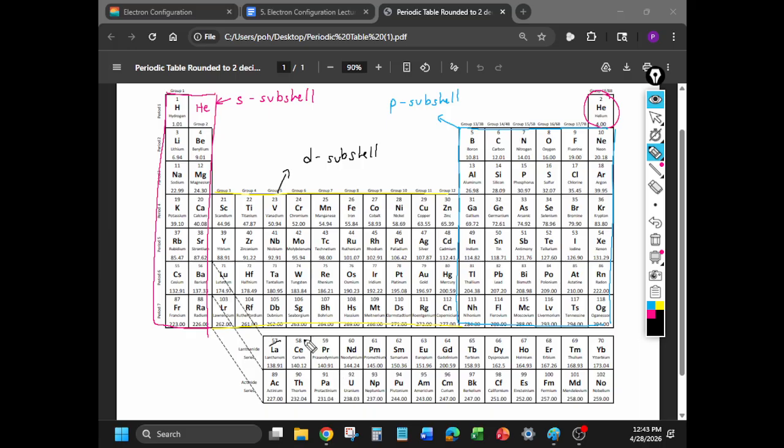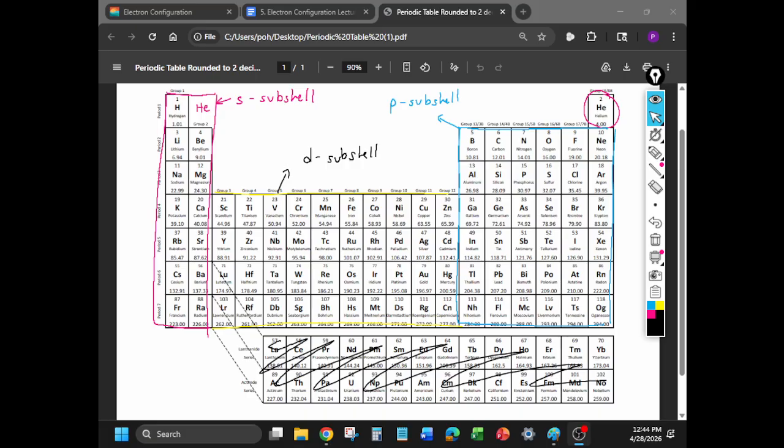You can ignore the ones here at the bottom. If you want to know, this is the F subshell, but we're not going to be looking at it at all. So all you need to know for your exam: the first 2 columns and helium are the S subshell, this middle section is the D subshell, and the P subshell is this right section. Pretty easy rectangles to remember.